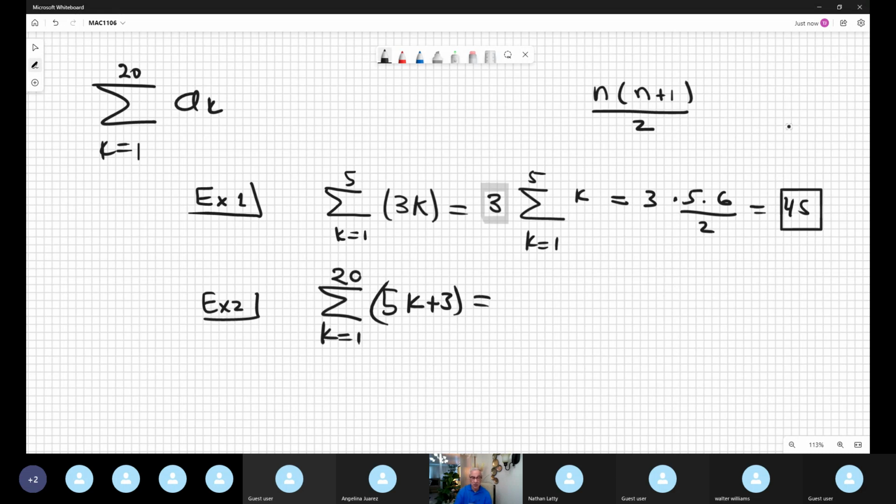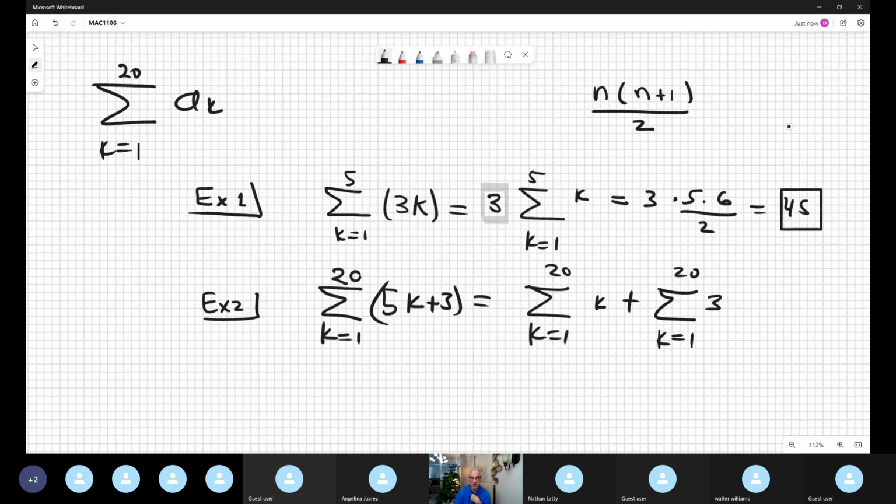Okay, so you apply the property number 2, because for me it's much better to split this summation into two summations. One summation is 5k, another summation is 3. And the limits are the same, 1 to 20. I would like to do it in that way.